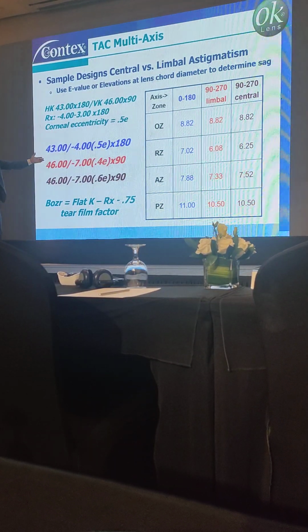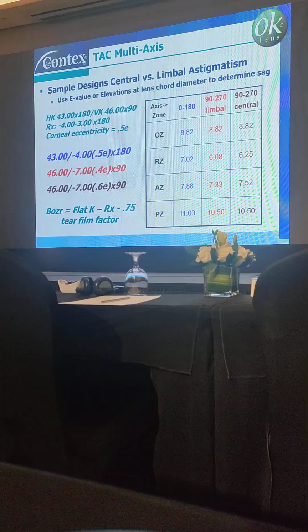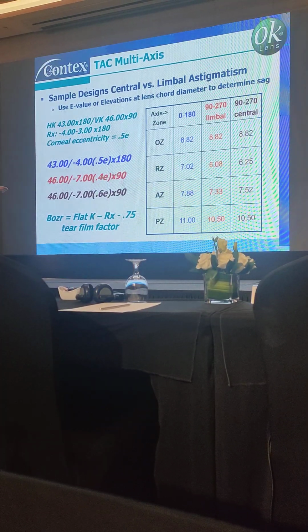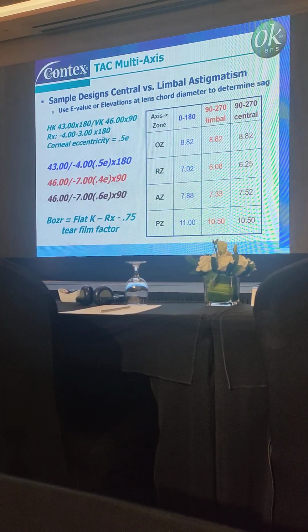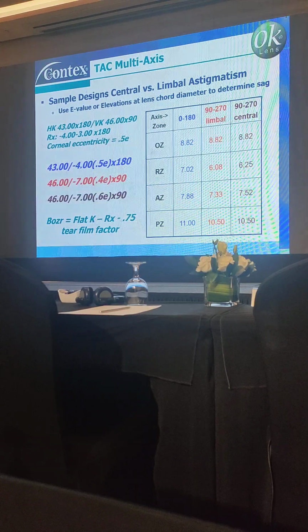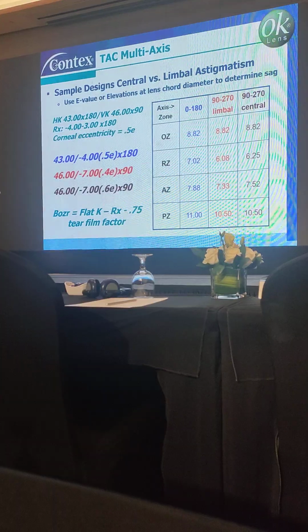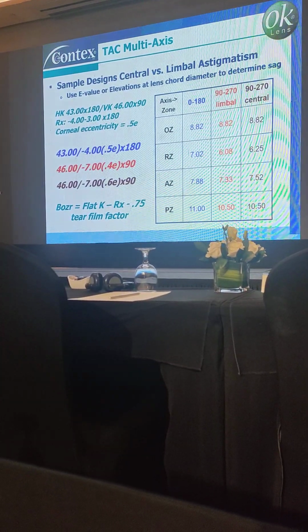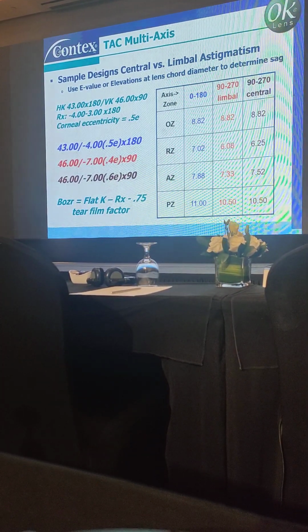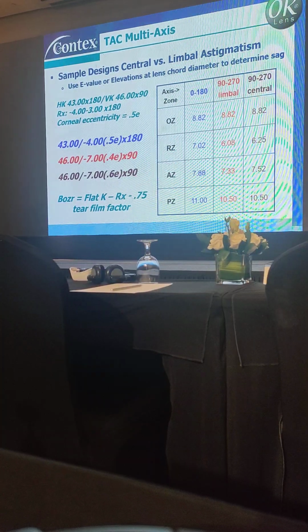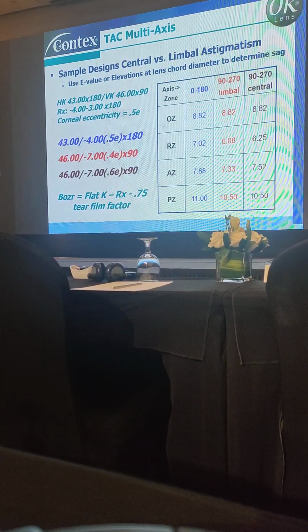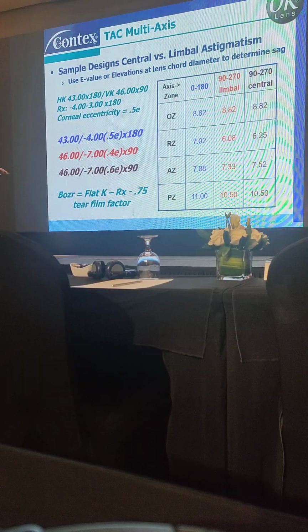I've done this presentation a lot, and I've never noticed that, so I'm going to fix that. But at axis 270 here, for central astigmatism, you're going to have a much flatter alignment curve. You see that? Flatter reverse curve, flatter alignment curve, because you have limbal astigmatism versus central astigmatism. Does that make sense to everybody? Okay.